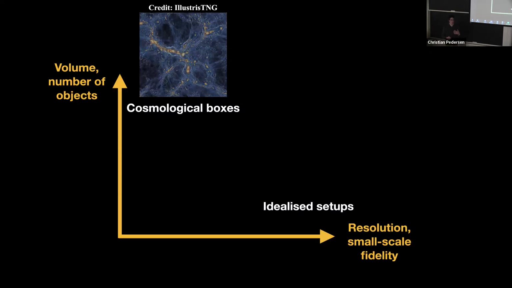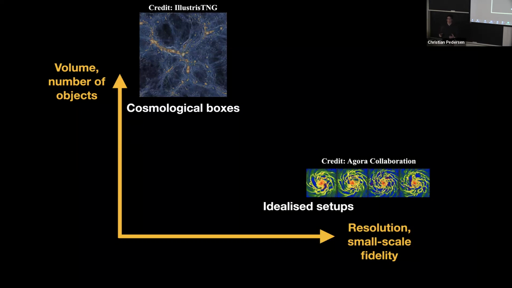At the other end of the spectrum, we have idealized setups of galaxy formation, where we basically have galaxies in a vacuum. Here we can afford a lot of resolution because by construction, we're getting rid of all these filamentary structures and accretion patterns. Today I'm going to be mostly talking about an intermediate technique called zooms.